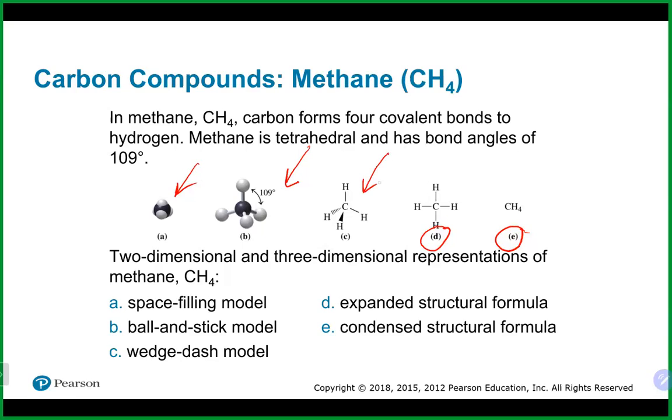We sometimes will use wedges to indicate whether the hydrogen is coming front and back, but in this class, probably not too much. So really those last two, the expanded one where you draw out all the hydrogens, or the condensed one where you don't draw out the hydrogens, and the third one that we would use most of the time would be a line structure. So those are the 3 most common structures that we'll use in organic chemistry.